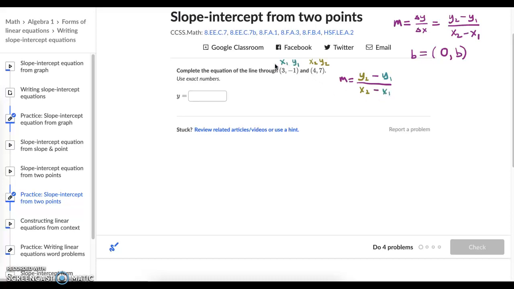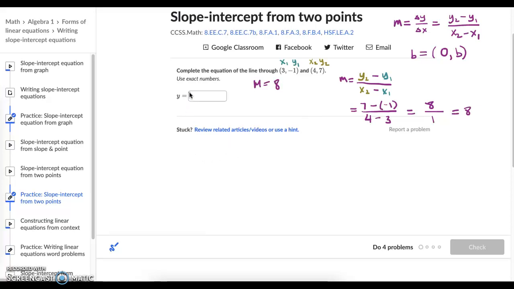Color coding it there, you can see where we need to pull from. So our slope m is equal to our y2, which is 7, minus our y1, which is -1, so minus -1. I'm going to leave in the -1 for now so that you see it. And our x2 is 4, and our x1 is 3. So we have 7 plus 1 is 8, and 4 minus 3 is 1. So our slope is 8. That's the first thing we have: our slope m equals 8.